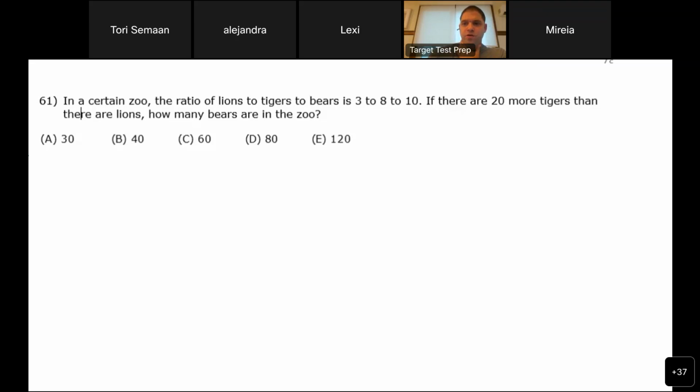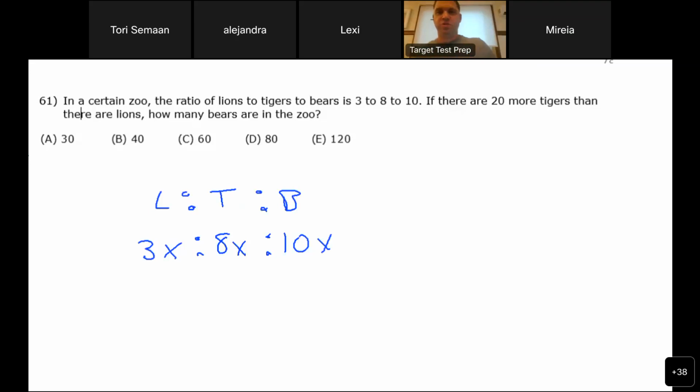All right, so it looks like most of you guys got correct answers here. Did you use variable multipliers in the sense of saying we have lions, tigers, bears, 3x, 8x, 10x, something like that?